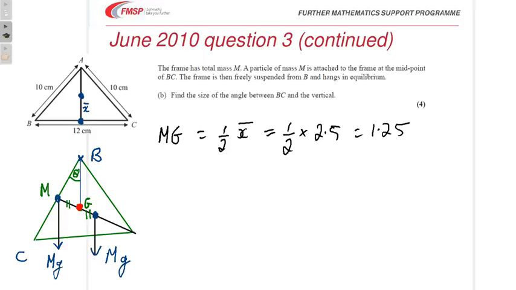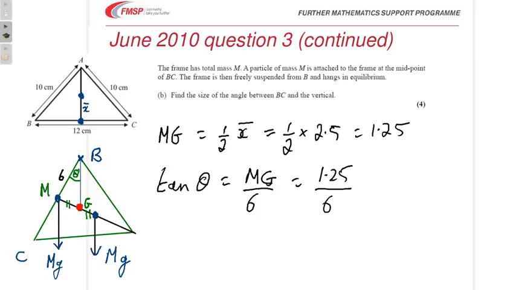Now, this distance here is 6, so we can now find tan theta. Tan theta equals MG over 6, which is 1.25 over 6. And if we check on the calculators, that gives us theta equals 11.8 degrees.